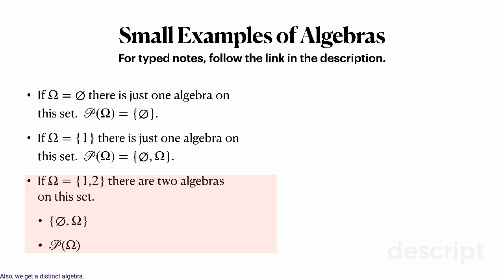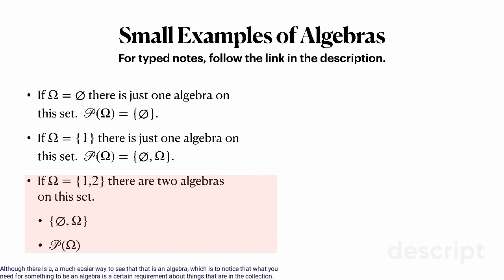Also, we get a distinct algebra if we take the power set of omega. This time that will have 4 elements, but through a very similar check, we can see that that is an algebra.